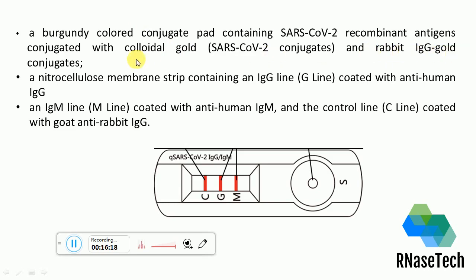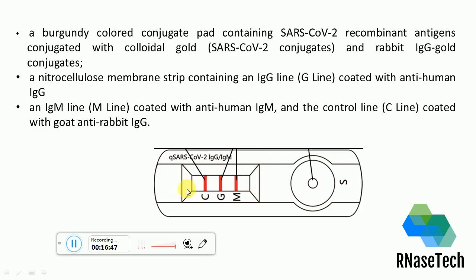Antigens will bind to their corresponding antibodies. The strip is composed of SARS-CoV-2 recombinant antigens conjugated with colloidal gold to increase specificity, and of course rabbit IgG gold conjugates.